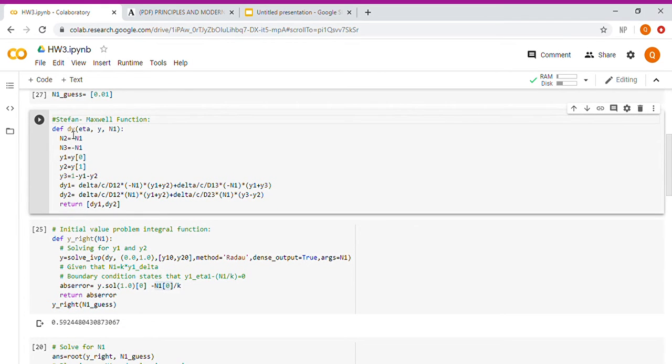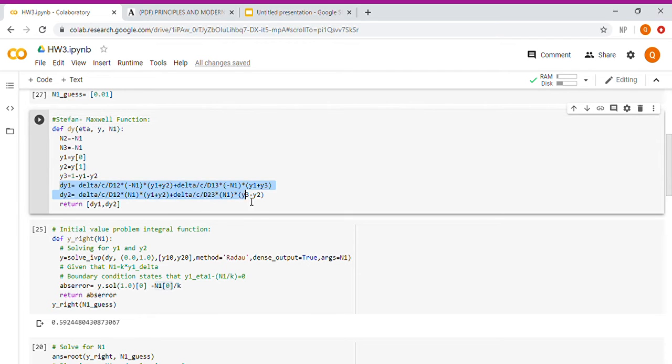Okay, so next I have defined a function dy, and it is dependent on eta, y, and N1. So dy right here is basically the derivative of the mole fraction of the first and second components with respect to the relative position, or eta.